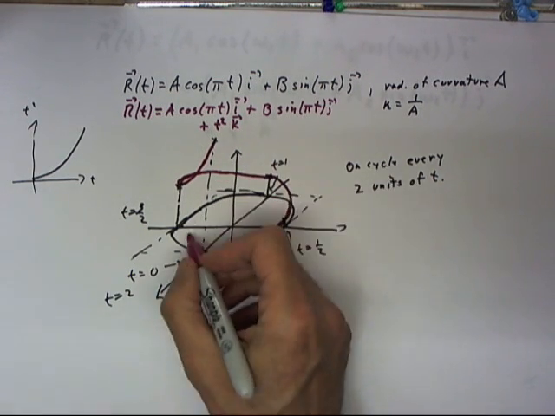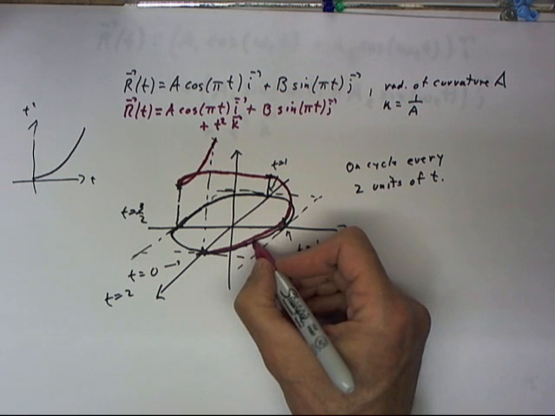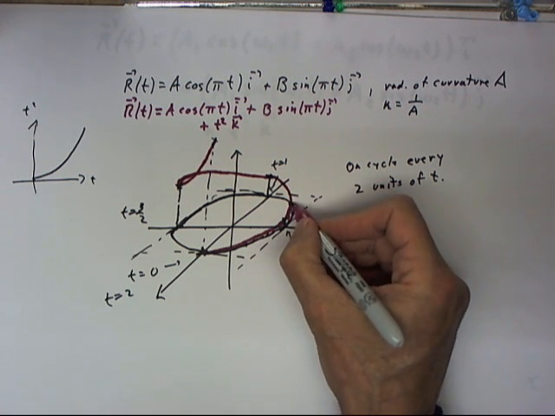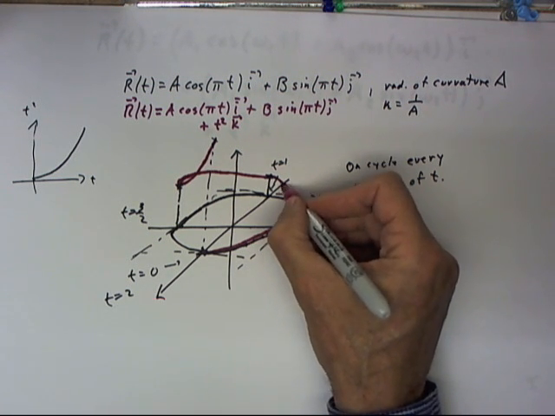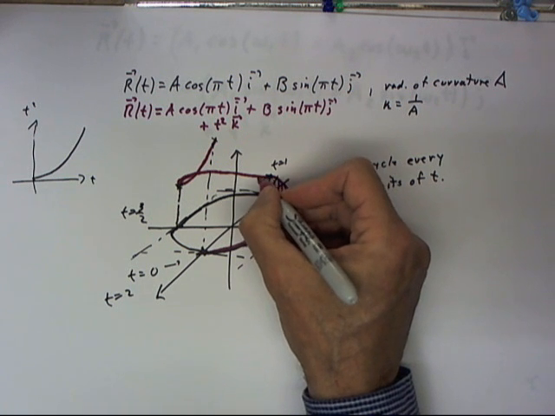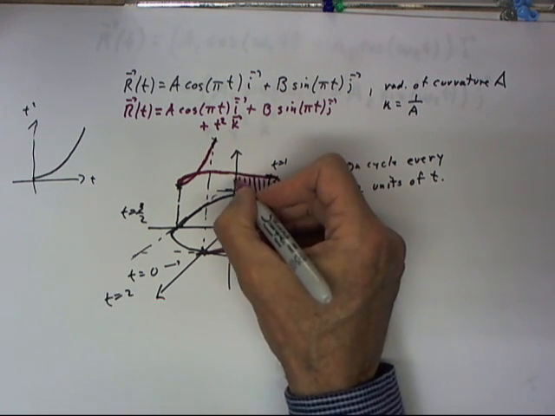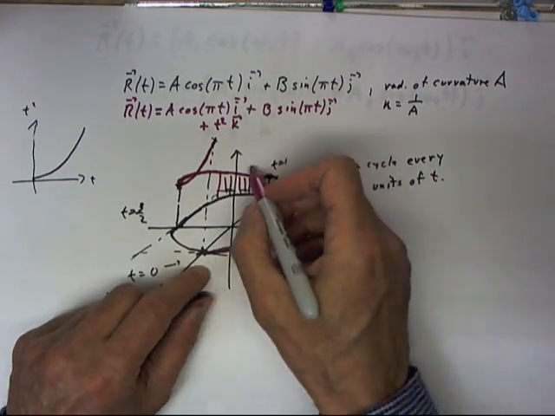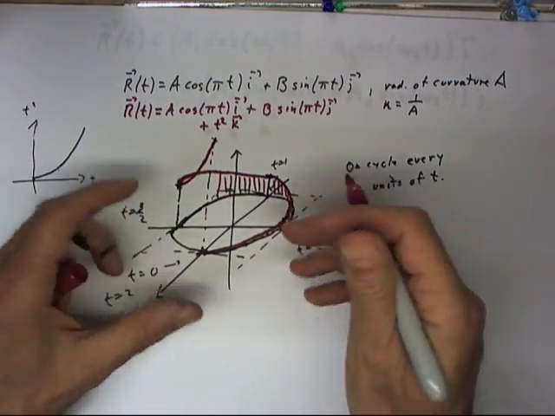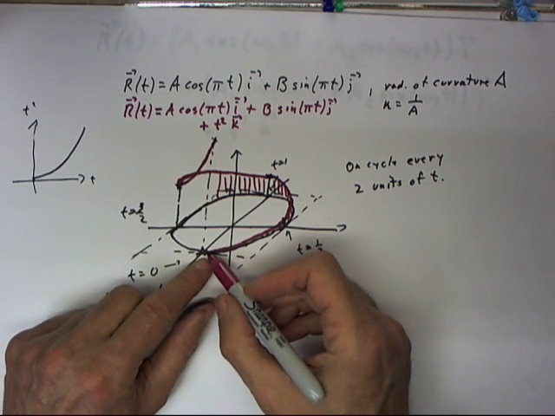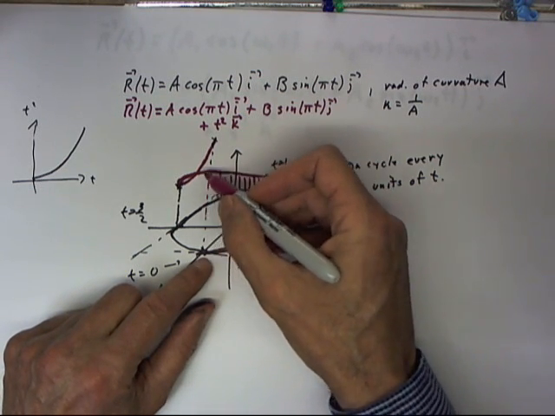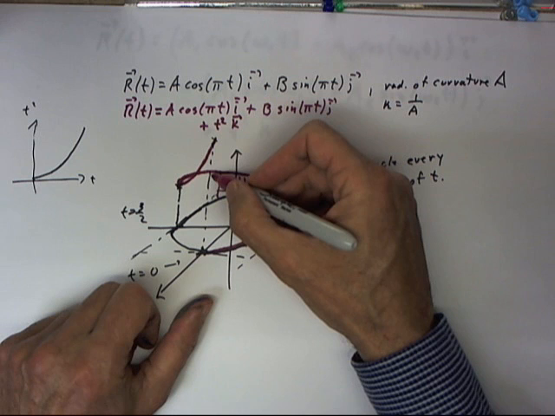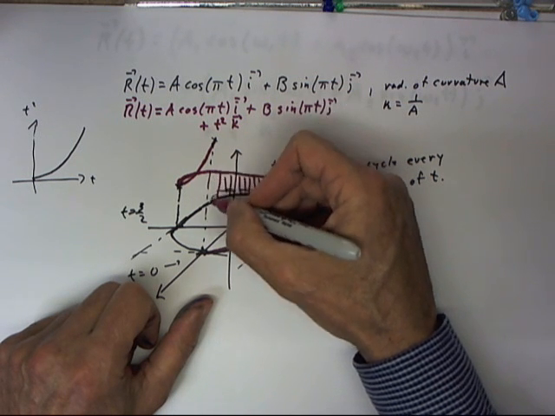Now, this curve lies above this circle, so I'm going to draw little projection lines down to the circle to indicate our path along the curve, and it starts to look like a cylinder on which we've traced a curve. So we keep coming around like so.